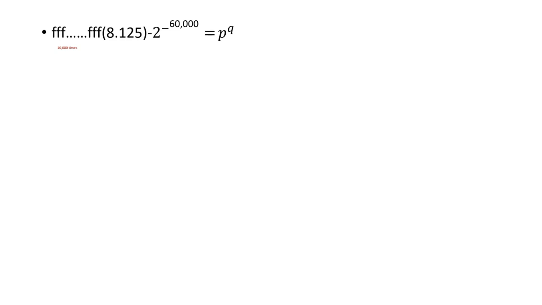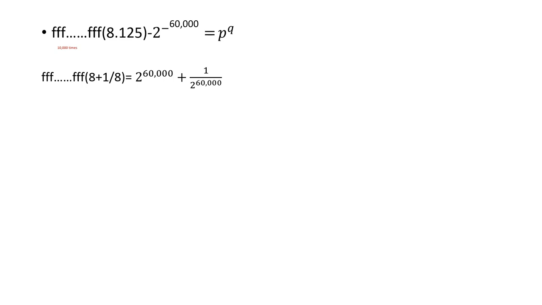Now in here, let's look at the original equation which we had. F 10,000 of 8.125 minus 2 to the minus 60,000 equals p over q. Remember that the first part we proved to be 2 to the 60,000 plus 1 over 2 to the 60,000.